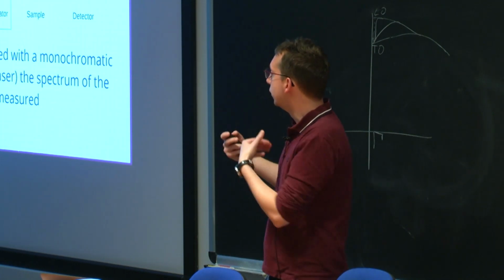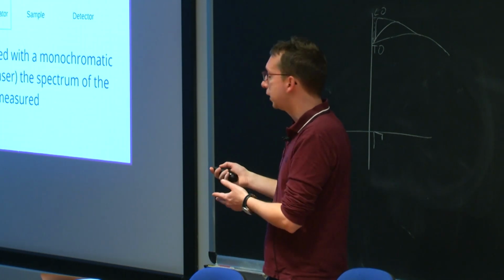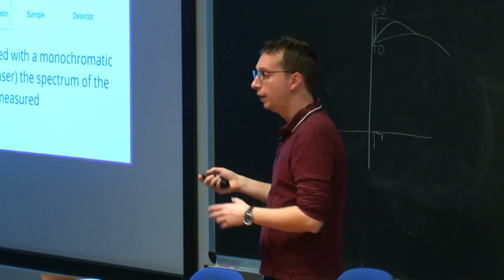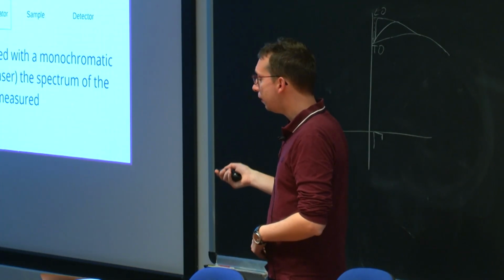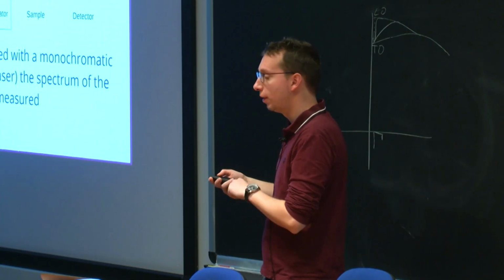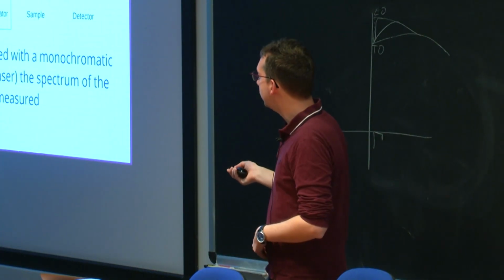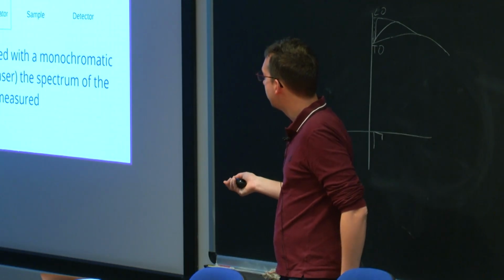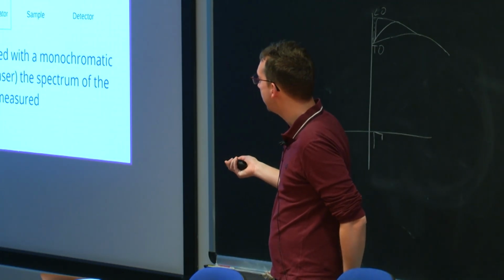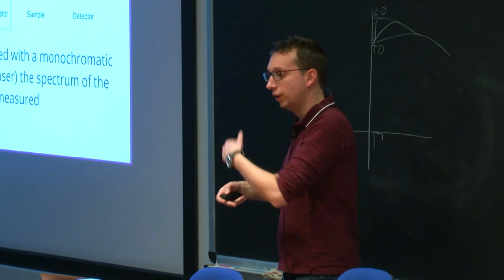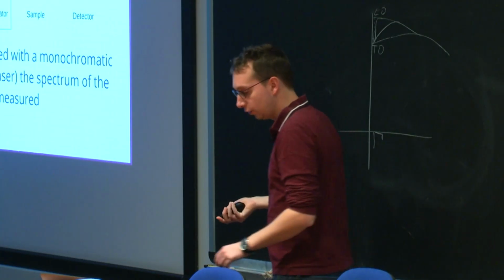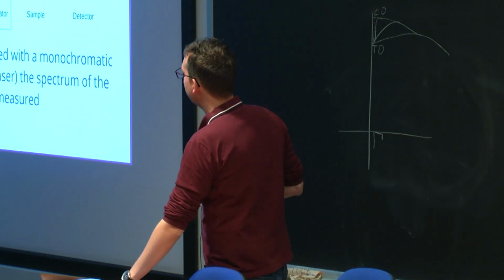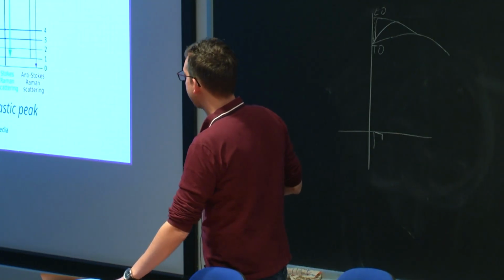So you excite the sample with monochromatic light, more or less in the energy range that is absorbed by phonons, and Sir Raman noticed that the spectrum of the light coming out was complex and had peaks and features.